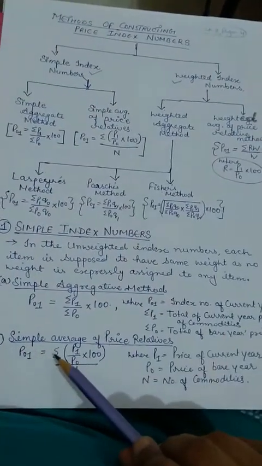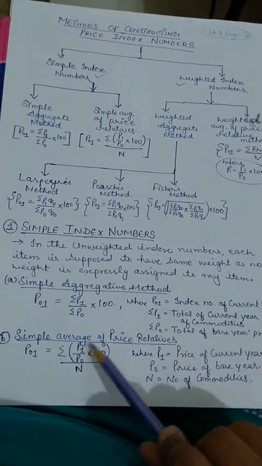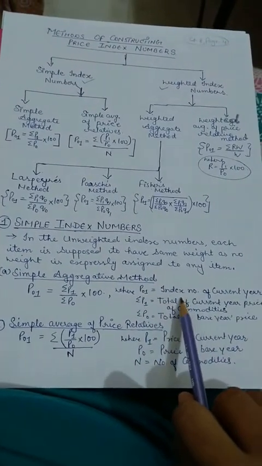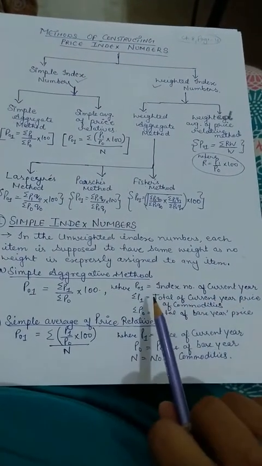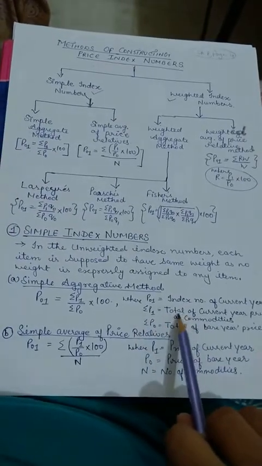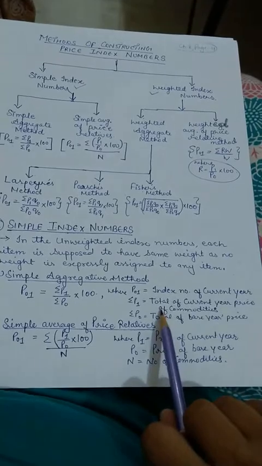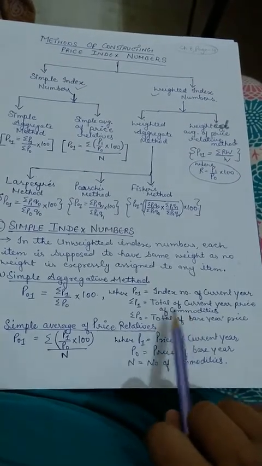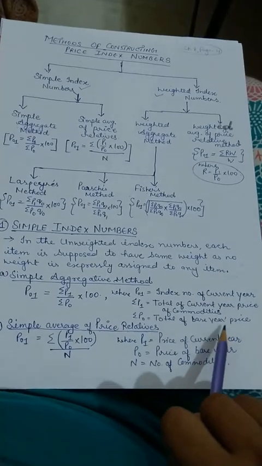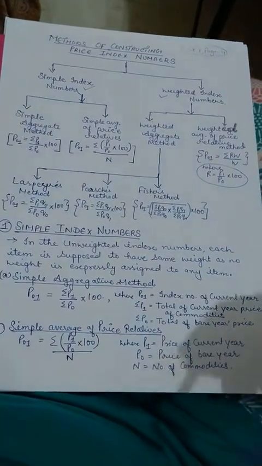And the second one is simple average of price relatives. Here your P01 is index number of current year. Then it is sigma P1, that is total of current year prices of the commodities. Then sigma P0 is total of base year prices. Same is the case here.